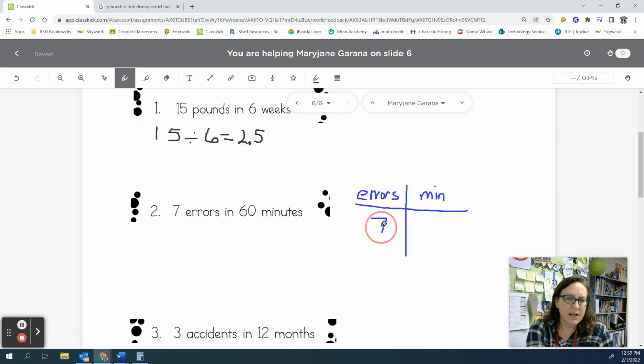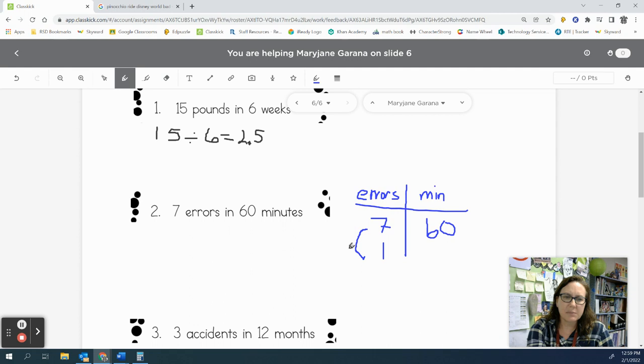This one's a little bit weird because you could actually think of the unit rate in either way. I'm going to go ahead and say we're going to figure out how much time between each error. So we're going to get the errors down to 1.